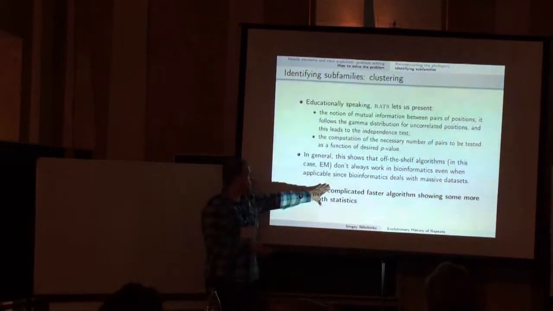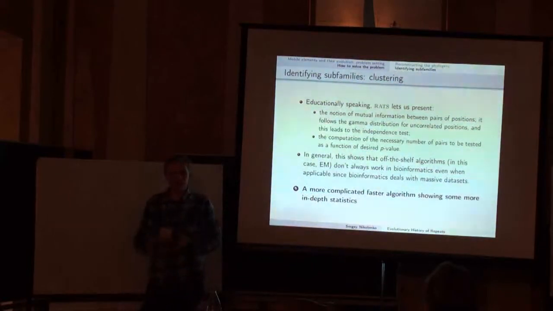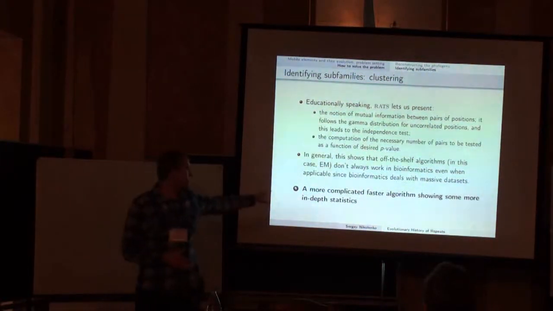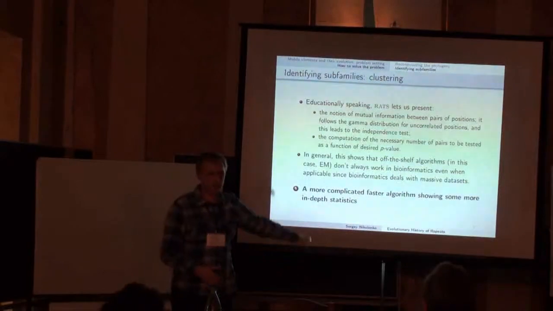So the sixth point is RETS, which is a more complicated but faster algorithm, and it shows some more in-depth statistical ideas.